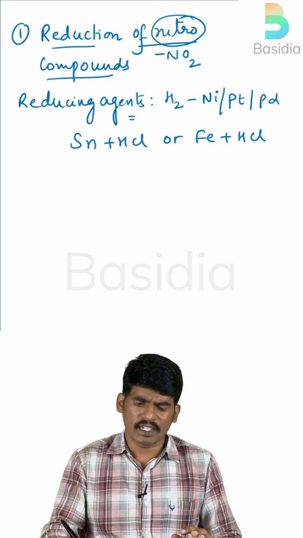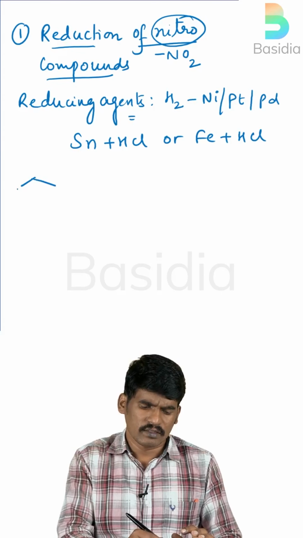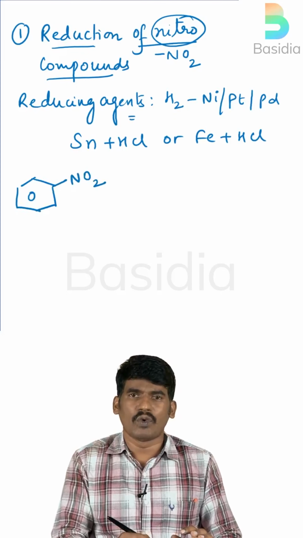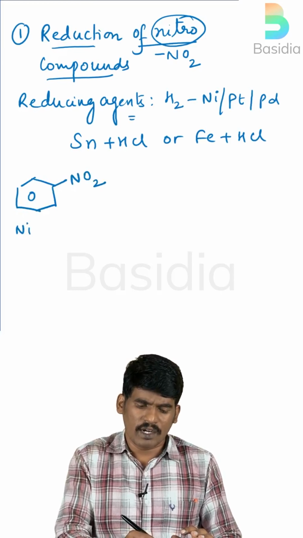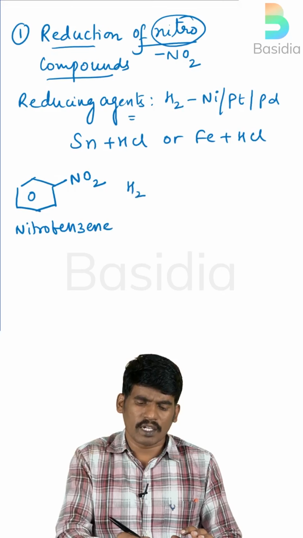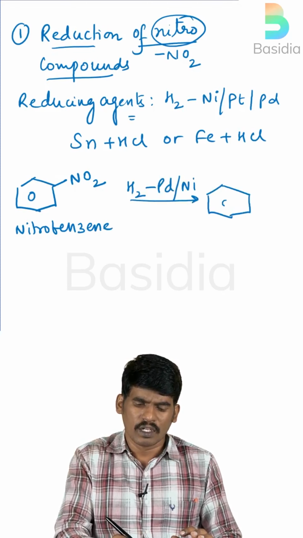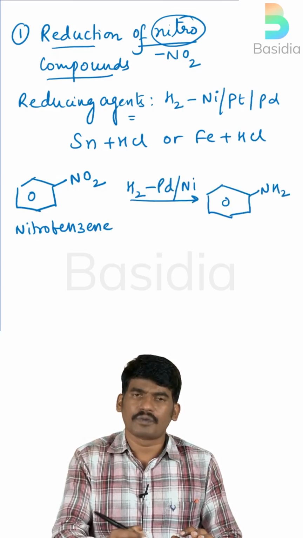Now if you see the reaction here, we have C6H5NO2. This is called nitrobenzene. Nitrobenzene on reduction with H2, palladium or nickel, anything can be taken, gives you C6H5NH2.